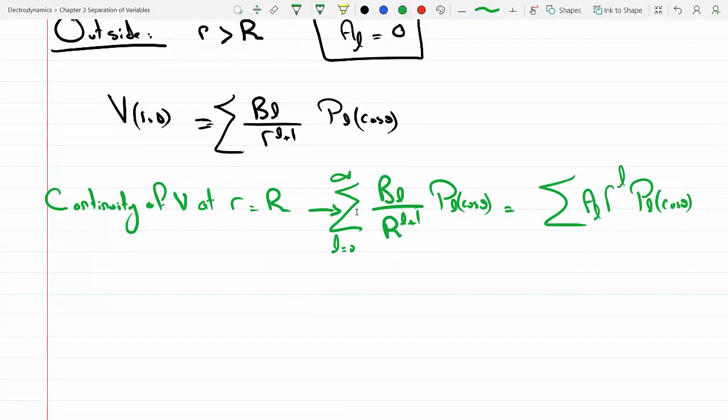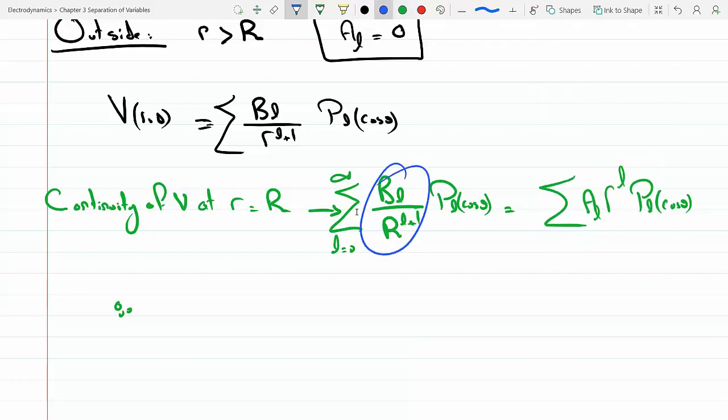Well, if these two were to be equal, therefore the coefficients have to be the same. In other words, this has to equal this. So B_L over R^(L+1) has to equal A_L R^L; this is happening at the surface, by the way, so I need capital R here.